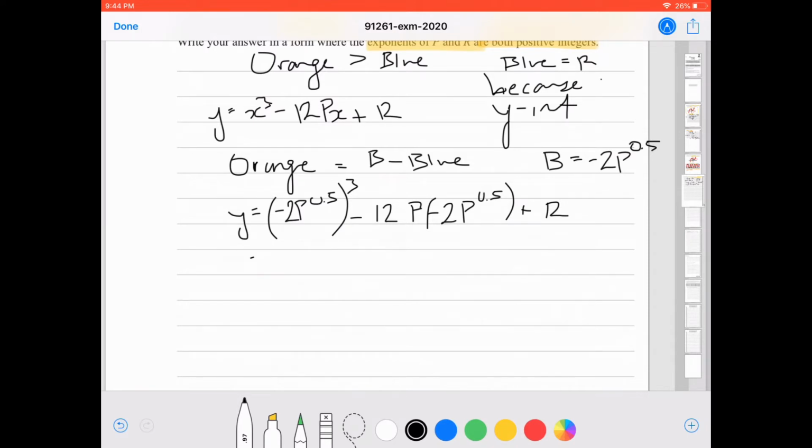Okay, tidying this up, we can say minus 2 cubed is going to be minus 8p, and then we've got powers on powers for the 0.5 times 3, so 1.5.